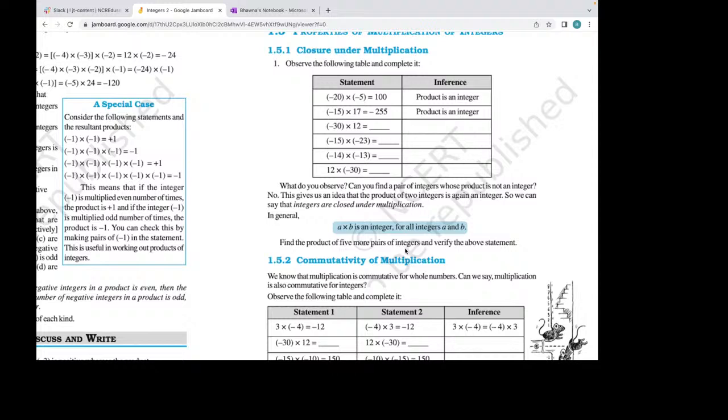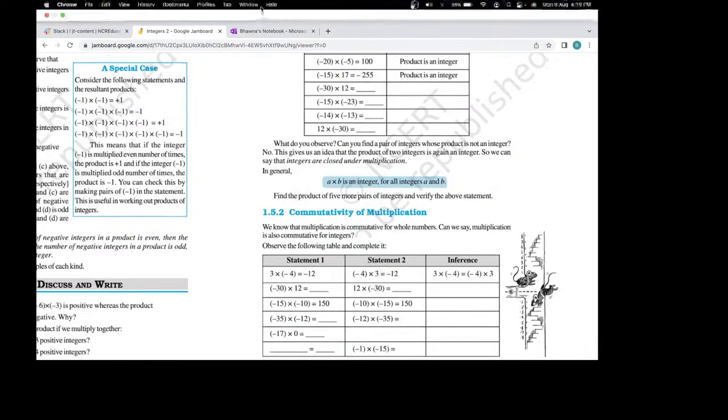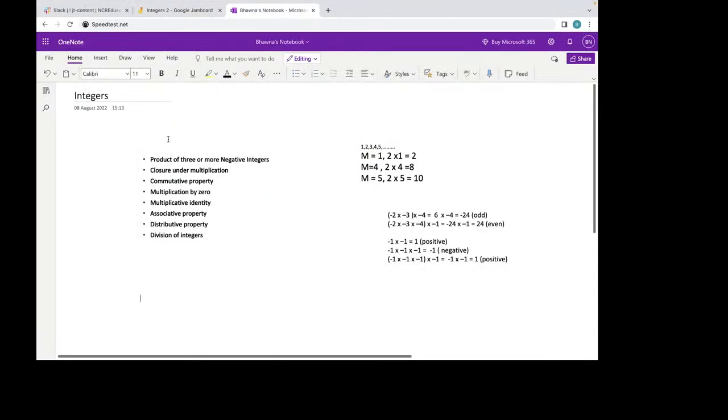Okay, now we need to figure out the commutative property of integers for multiplication.